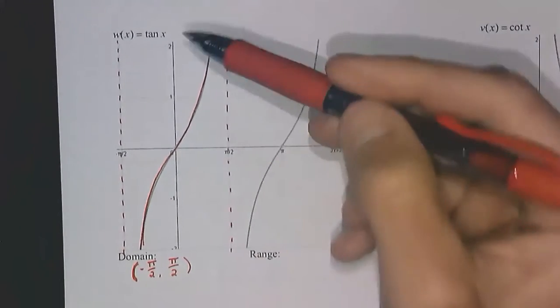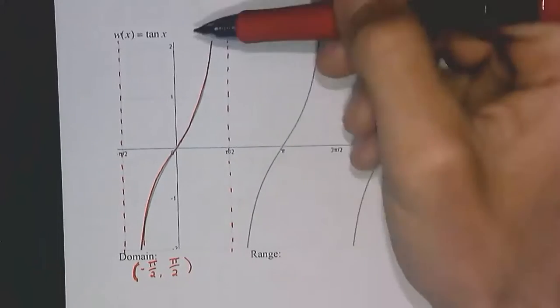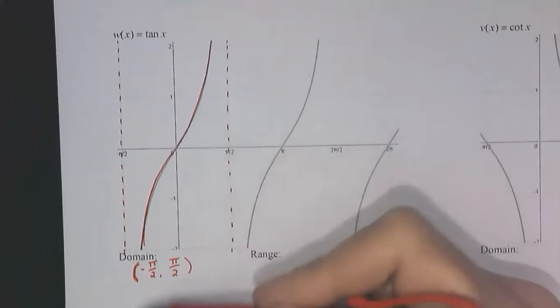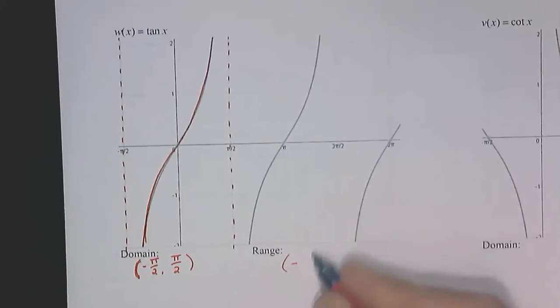The range appears to have no restriction. It seems like that would just go off towards positive infinity, down towards negative infinity. So we'll say that the range is negative infinity to positive infinity.